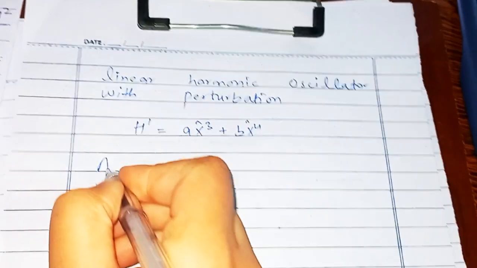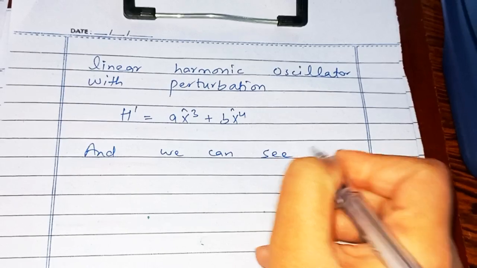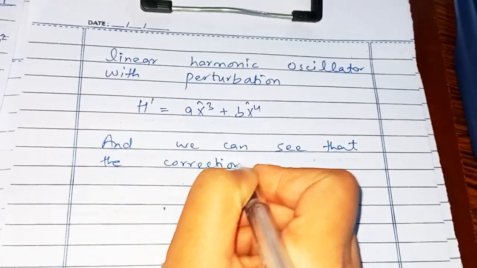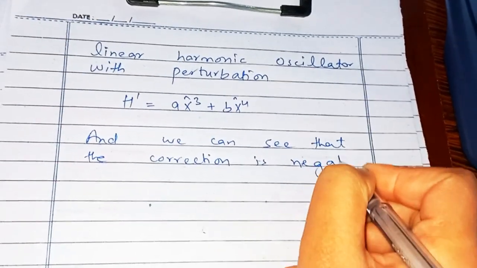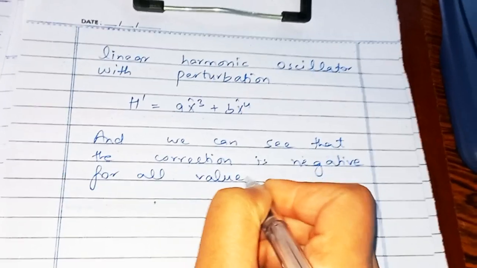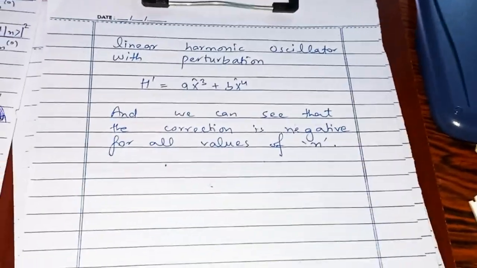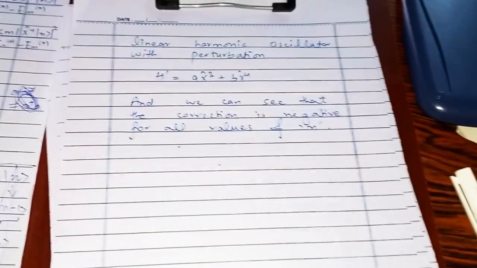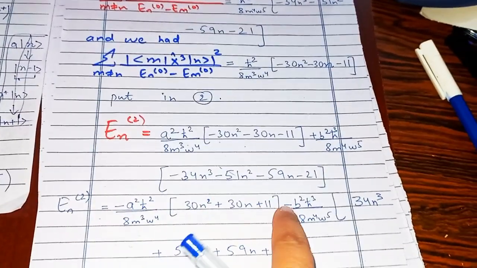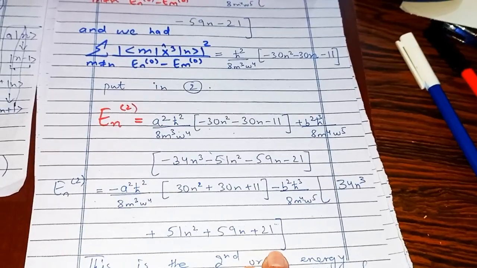All right, and we can see that the correction is negative for all values of n. So it will act to reduce the energy of the unperturbed harmonic oscillator. Because it's negative, you can see here that we have this negative, and none of the other quantities can make anything in here to invert the sign.